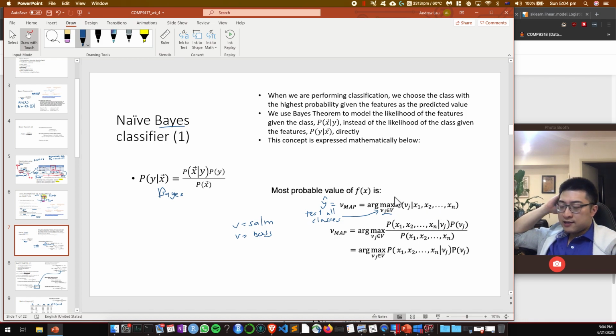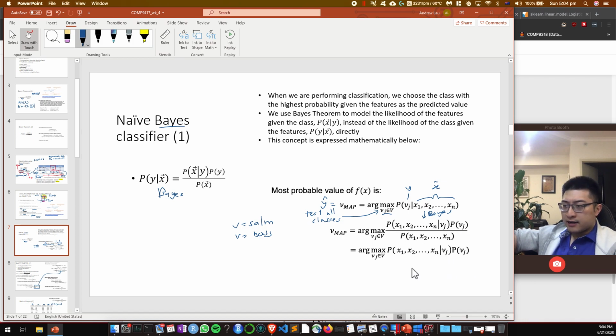Now this is the original expression. This is y, and this is the feature vector, x. Then we use Bayes' theorem to flip around x and y. So now we have x here, and then we have y here, and that's y again.